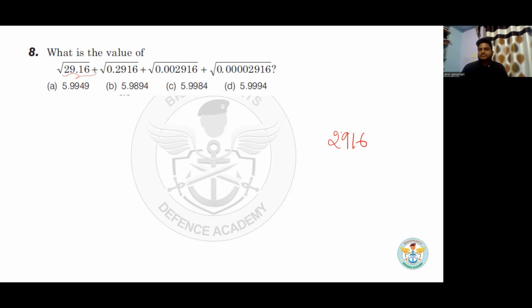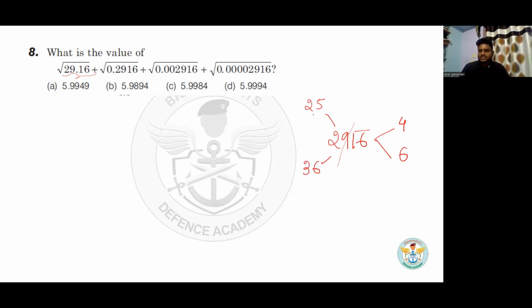So how to use the shortcut? I have to do a grouping from right side, and the grouping is 29 and 16. If 6 is the last digit, my options are 4 and 6. Now the number is 29, and the square above is 25, and the square below is 36.